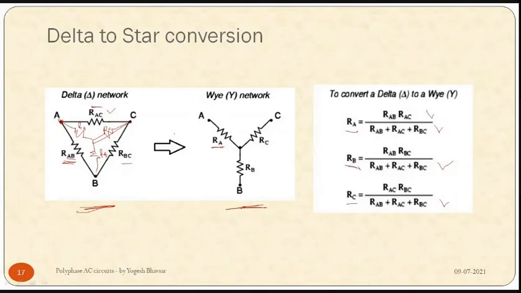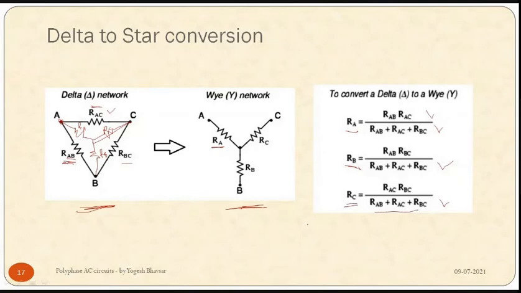Second, RB. Now what will that RB be? Here RAB and RBC both are meeting. So on the numerator there is a multiplication of RAB and RBC, and on the denominator there is the addition of all resistances. Similarly for RC, RAC multiplied by RBC divided by the addition of all.